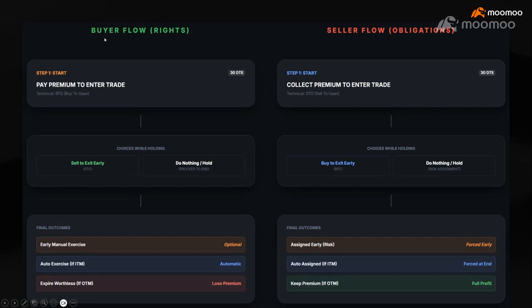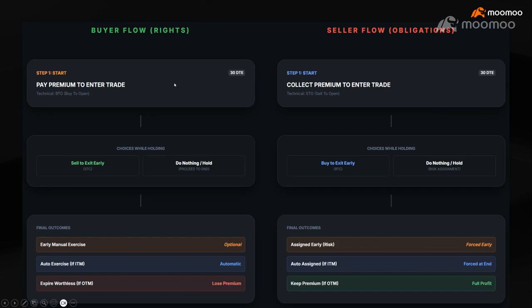When you are a buyer, you have the rights, right? So what do you do in step one? Usually you pay a premium to enter into the trade. Remember the chapter where I mentioned options don't come free. You have to buy them. So you pay the premium to enter the trade.